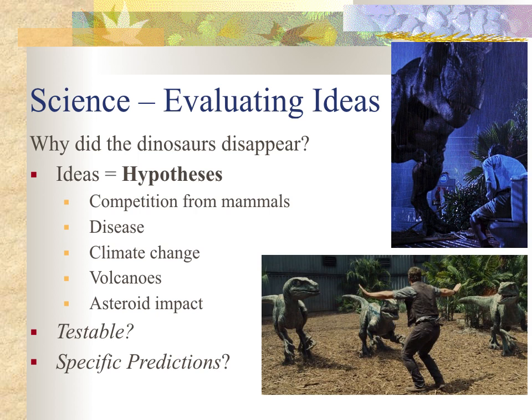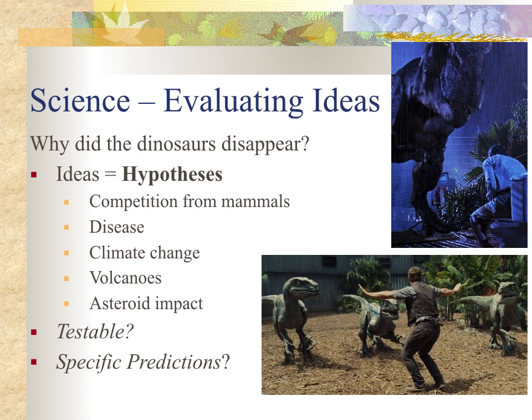Well, we can think of several ideas that could explain this. Maybe it was competition from mammals. Maybe it was a disease that affected only dinosaurs. Or maybe it was something broader like climate change or volcanoes altering the Earth's atmosphere and surface, or the impact of an asteroid.